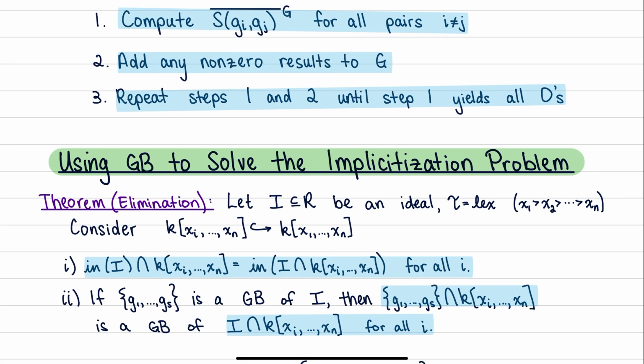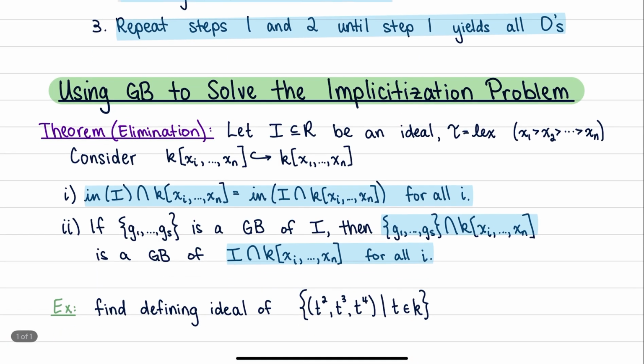So what this means is if I have a Gröbner basis for I and I throw out all of the elements that have these large variables in them, that is going to be a Gröbner basis for I where I threw out all the guys who had the big variables in them. This is the last ingredient that we need in order to answer this implicitization problem.